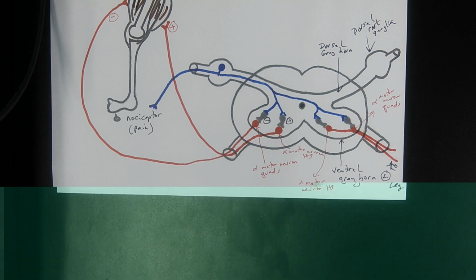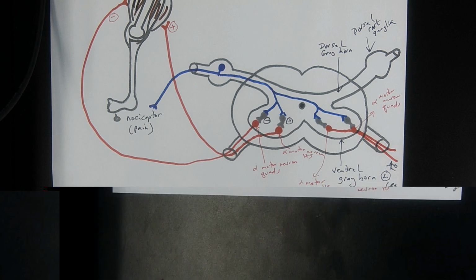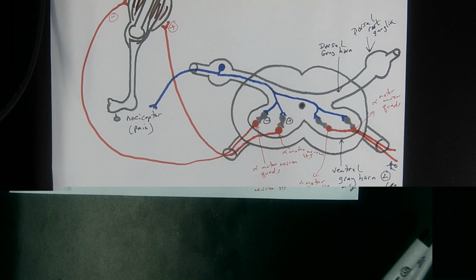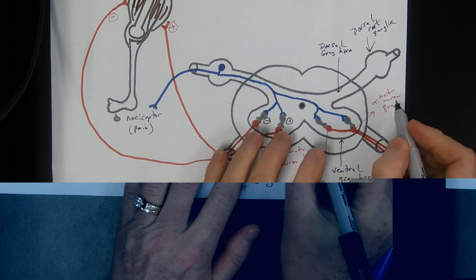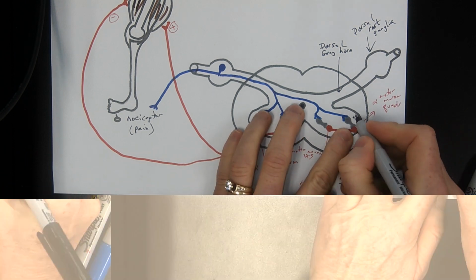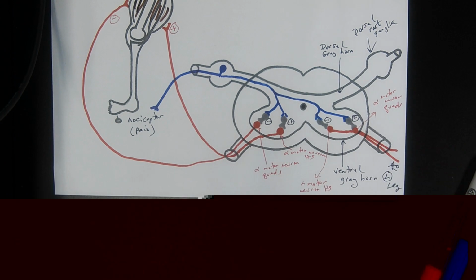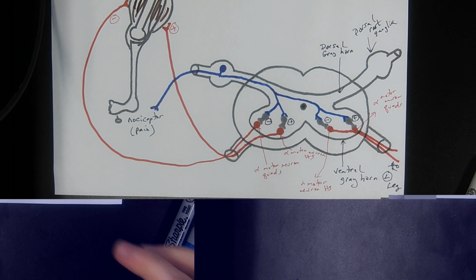If my right leg is picking up, what do I want my left leg to do? Extend. Exactly. So I want my quads to be stimulated, so this interneuron is going to be stimulatory. And this interneuron is going to be inhibitory, because if my quads are firing, I want my hamstrings to relax.